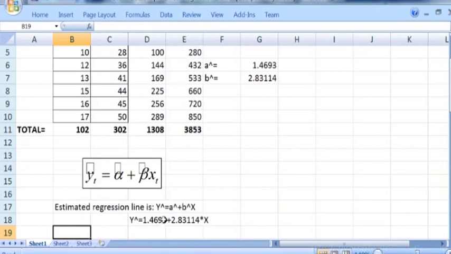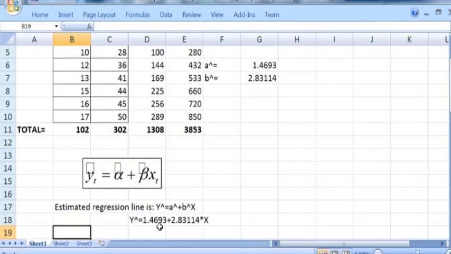Now this alpha hat is called the intercept, beta hat is called the slope. So how do we interpret these two coefficients? First one is the intercept, alpha hat, second one is the slope, which is beta hat. To interpret alpha hat, note that this alpha hat is 1.4693.